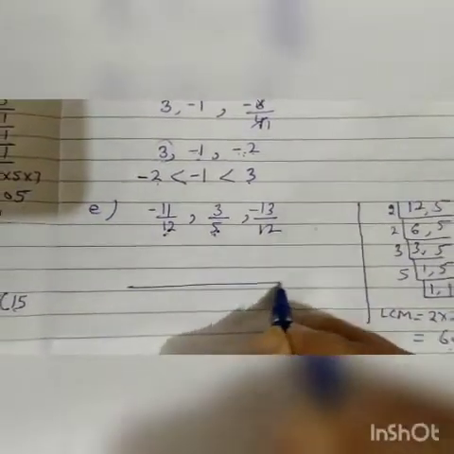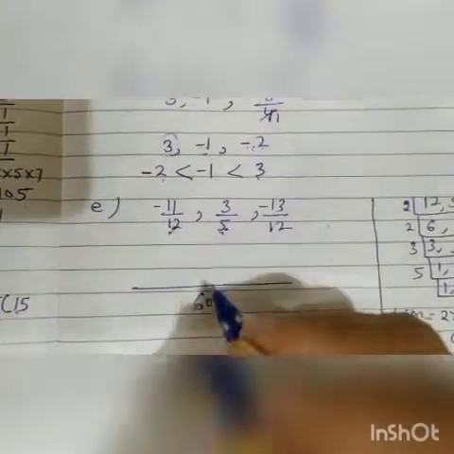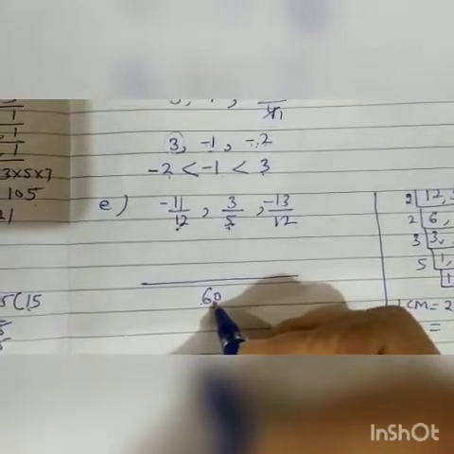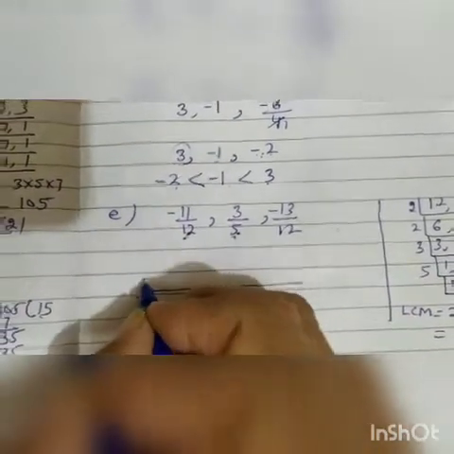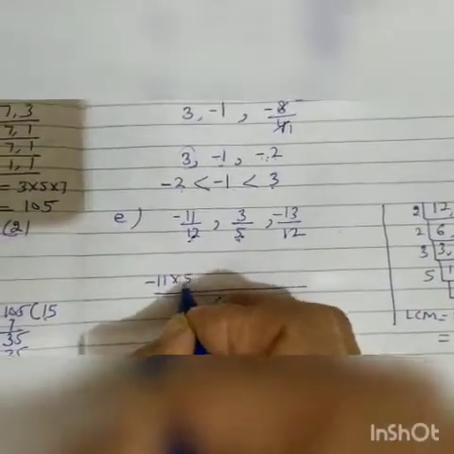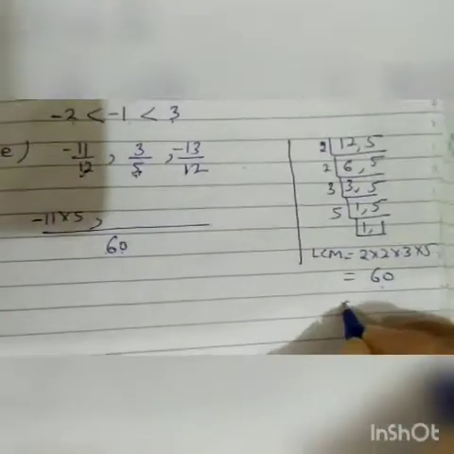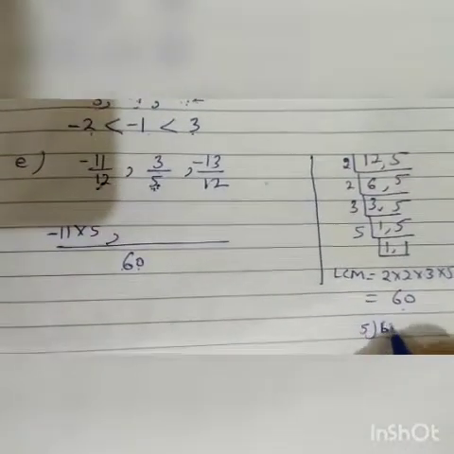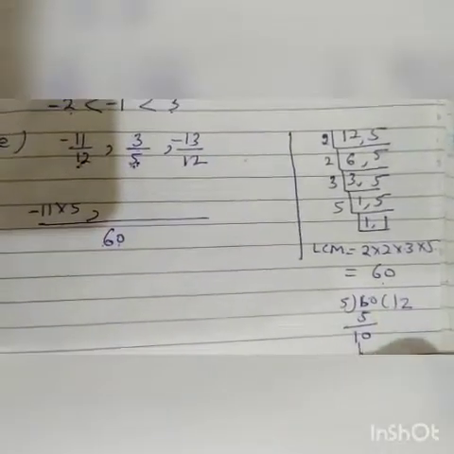Again we will write here 60. Divide this 60 by 12. 12 1 ja 12, 12 2 ja 24, 12 3 ja 36, 12 4 ja 48, 12 5 ja 60. It means minus 11 multiplied by 5. When we divide 60 by 5, it will be 12. See here. 5 1 ja 5, remainder 0, 5 2 ja 10.